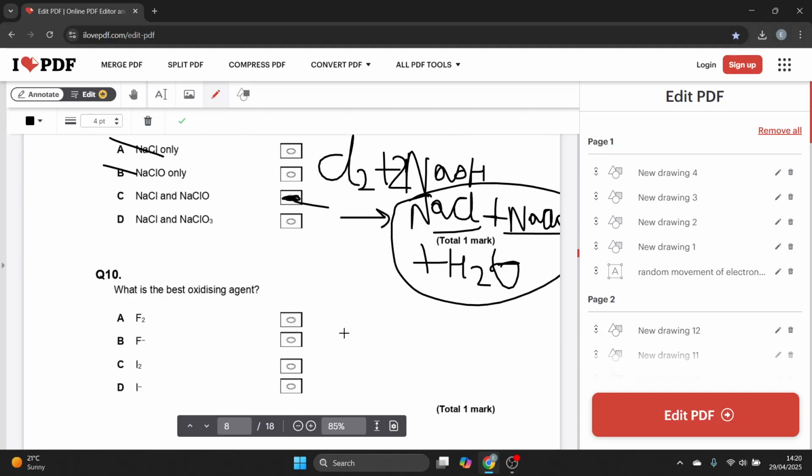Question 10, which is the best oxidizing agent? Now, what does oxidizing agent even mean? Is it electron acceptor or electron donor?